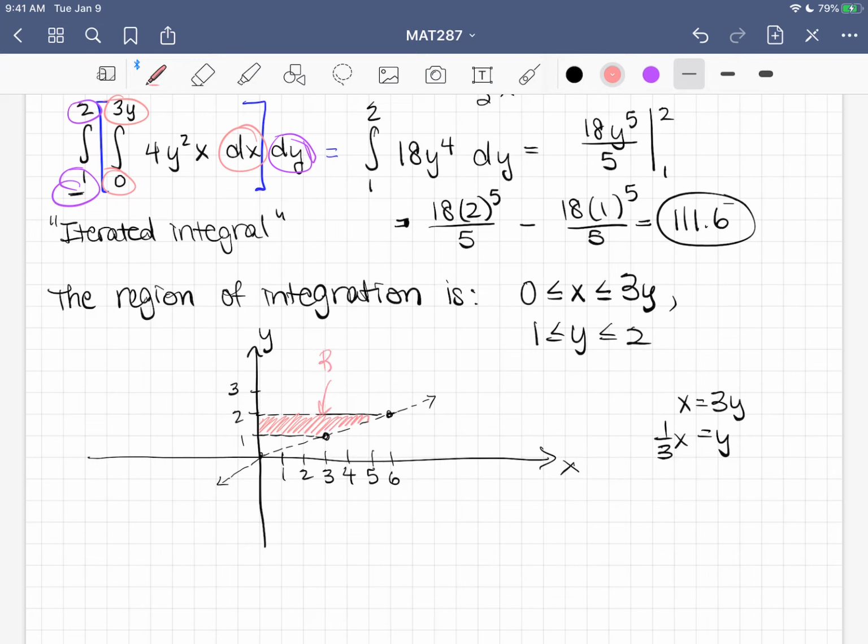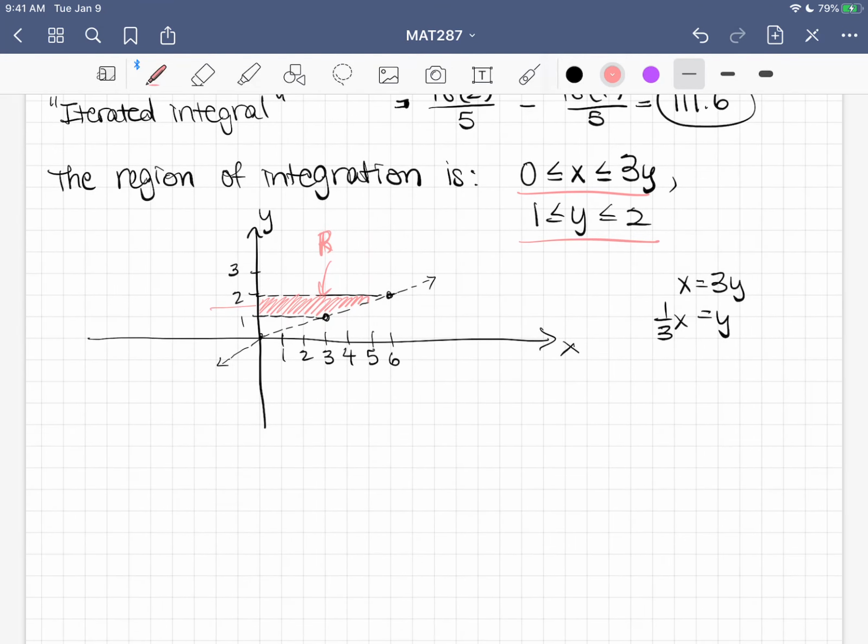So this is R, and it satisfies these two inequalities, right? The points in that shaded region have x values between 0 and 3y, and y values between 1 and 2.